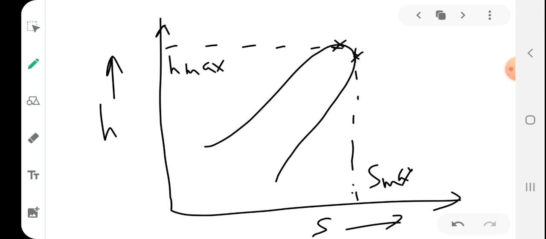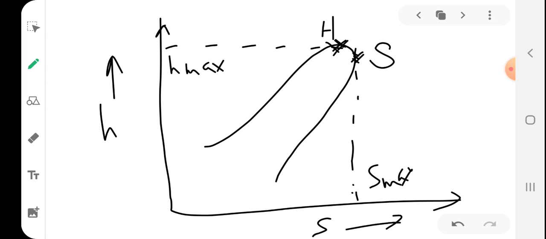So for any perfect gas, the shape will be like this only. The shape is such that it passes through one state of maximum enthalpy and one state of maximum entropy. In the figure you can see that maximum entropy is denoted by capital S, and the state of maximum enthalpy is denoted by capital H, 2 points, capital H and capital S, right?